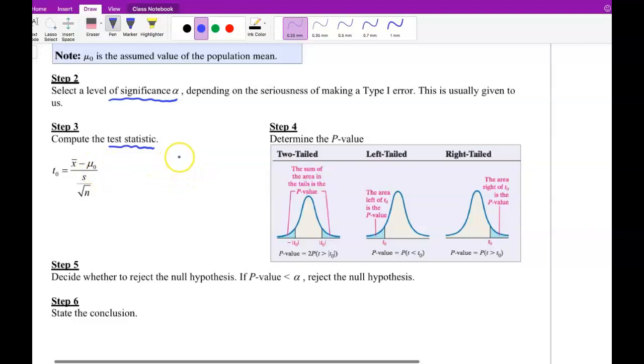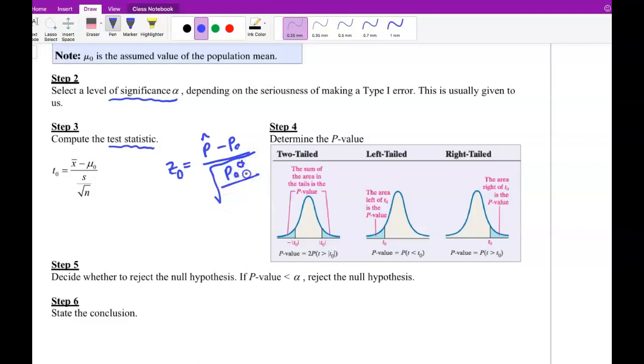When you had Z0, it was equal to this; I'm just writing it so you can see the difference between population proportion and here, where we have mean. Instead of sample proportion, we now have sample mean.